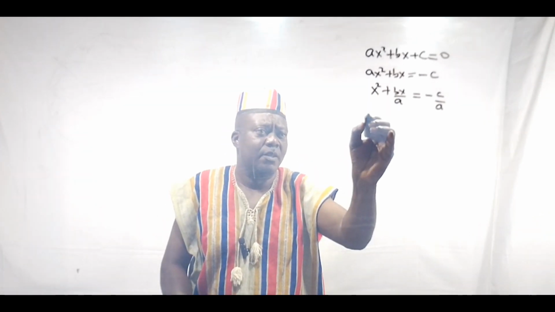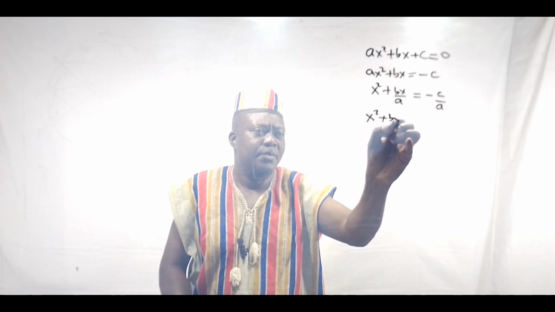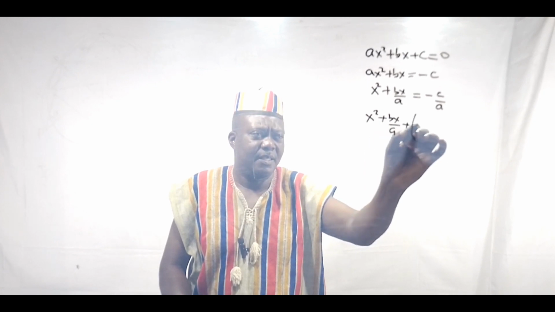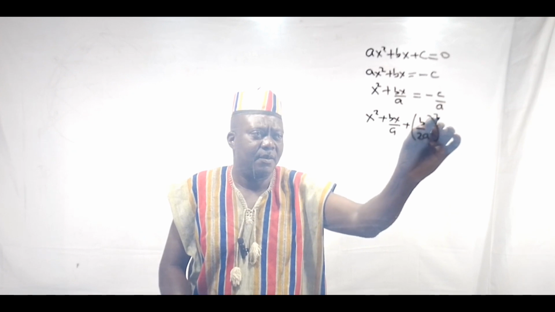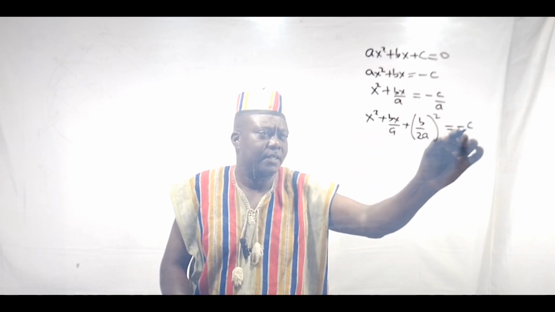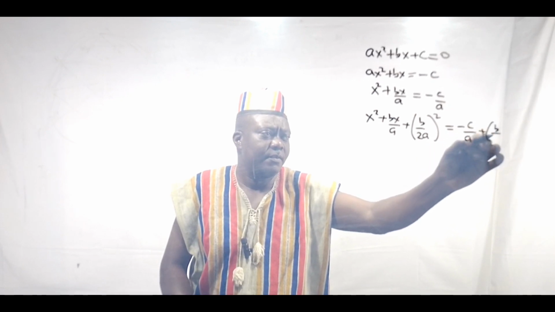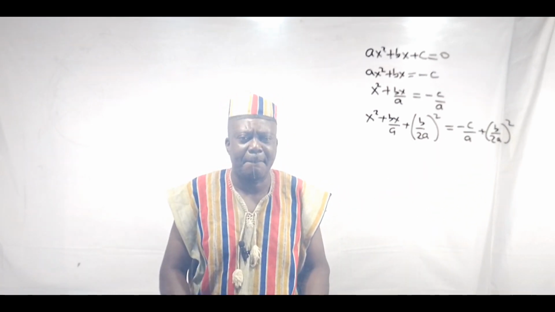So you add to both sides half square of the coefficient of x, which is b over 2a. So this one now becomes x squared plus bx over a plus b over 2a all squared, and it equals minus c over a plus b over 2a all squared.